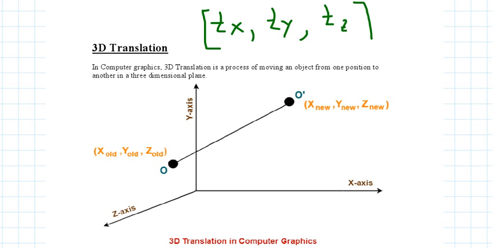After applying translation, you arrive at some other location, which in our diagram is the x new, y new, and z new location. Point O is your original location, and after applying the translation, O dash is your new location. If you can recall the transformation in 2D, the formulations will be the same.